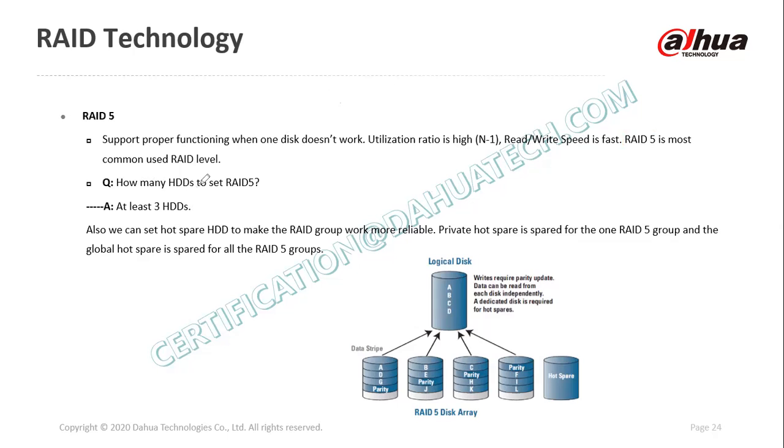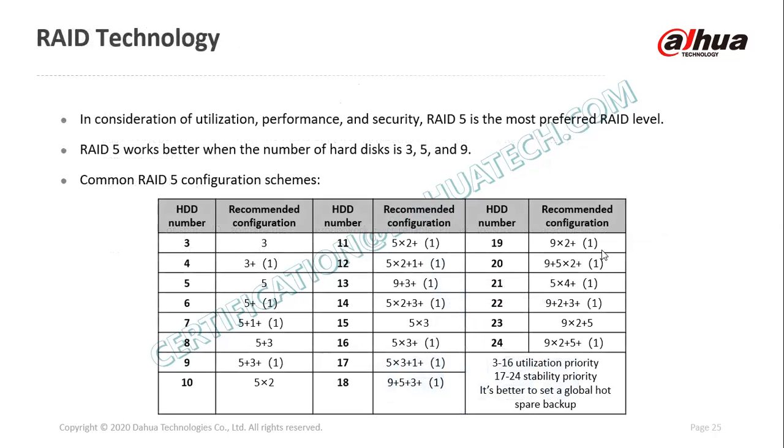So how many hard disks will you require to achieve a RAID? At least 3 hard disks. In RAID technology, RAID 5 is the most preferred, and it works better when the number of hard disks is odd.